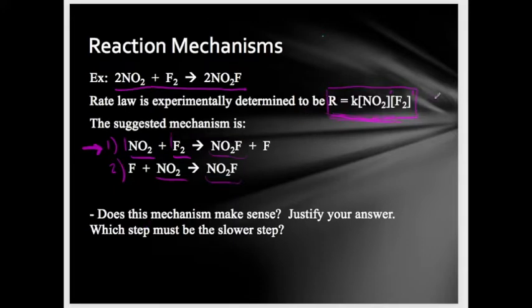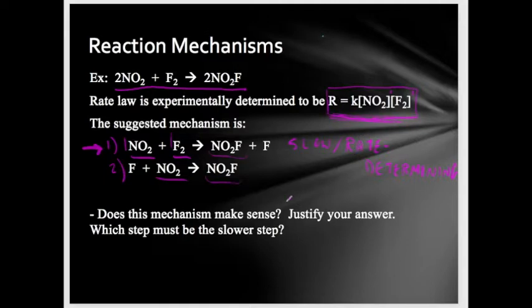So what have I just determined? Well, if this is the rate of the reaction, I know that the elementary step that matches this must be the slow, also known as the rate determining step, because my rate is based on the stoichiometry of that elementary step.